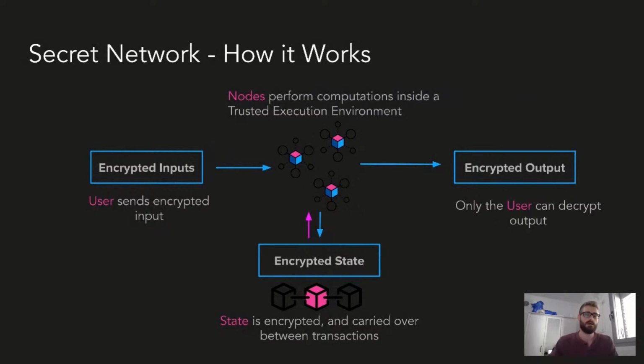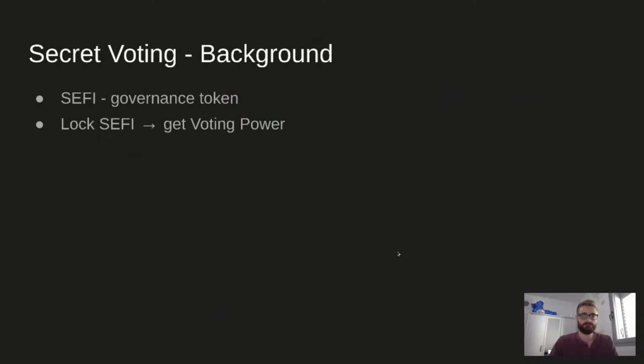The nodes perform computation on top of this encrypted data, and then the output that I get from my operation is also encrypted and only visible by me. So that's basically how it works. And that was a quick introduction about the Secret Network.